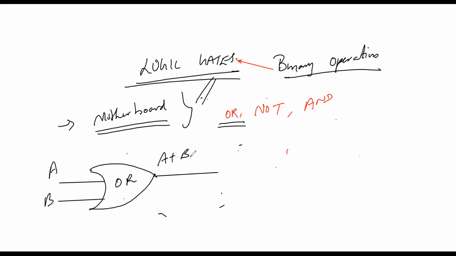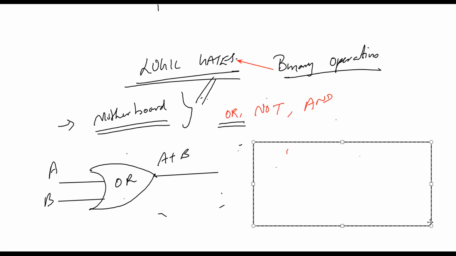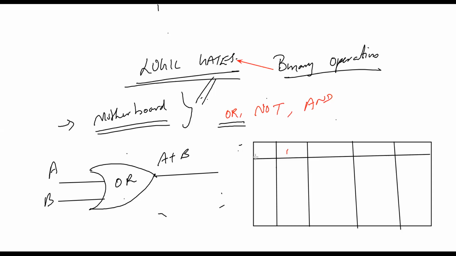Okay, I'll draw a table for the same. They can ask this in the examination. This is called a truth table. This is A and B. You'll understand why I am drawing this.